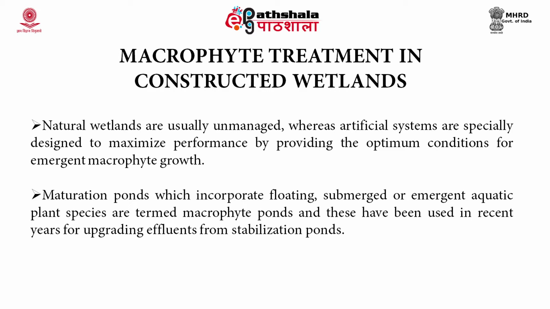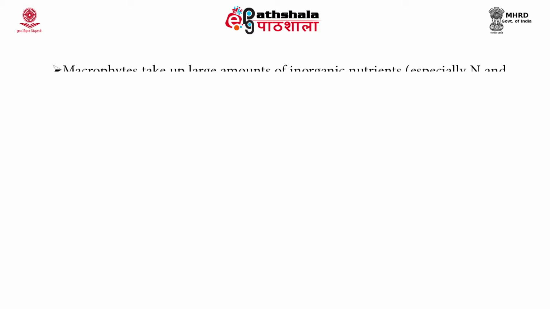The natural wetlands are usually unmanaged, whereas artificial systems are designed to maximize performance by providing the optimum conditions for macrophyte growth. The maturation ponds or aerobic ponds in the waste stabilization system, when they incorporate floating, submerged or emergent aquatic plant species, are termed macrophyte ponds, and they have been used for upgrading the effluents from the stabilization pond.